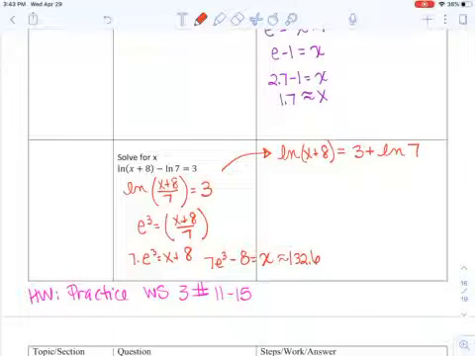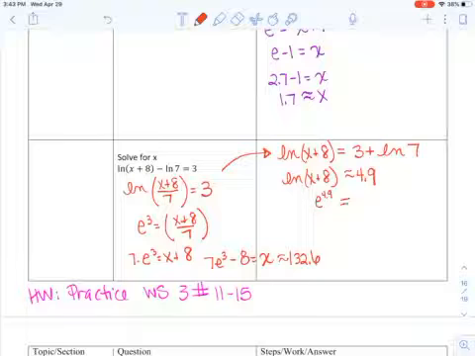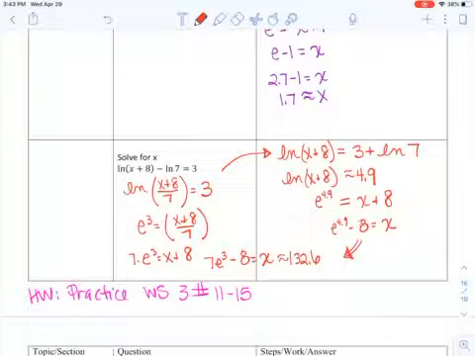This is where the rounding gets tricky though, because if I rounded here at the tenths, I would say e to the 4.9 equals x plus 8. And then I would take away 8, and that would give me x. The problem is if I plug that in, that one only works out to be around 126 or so.